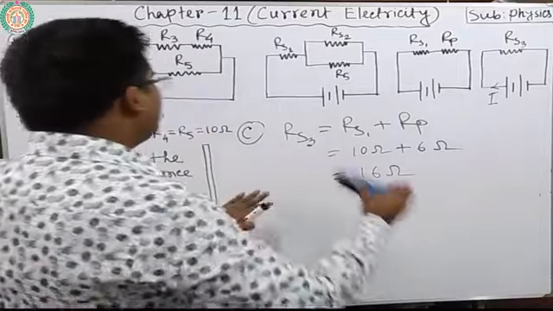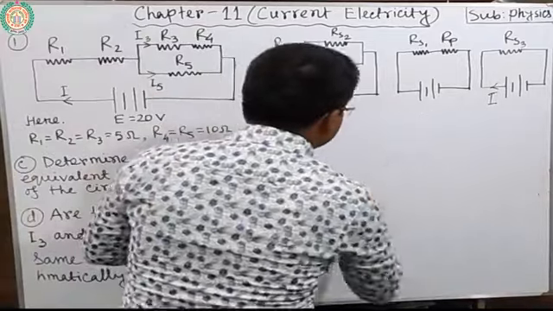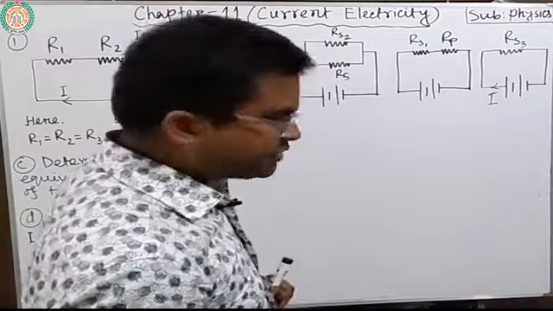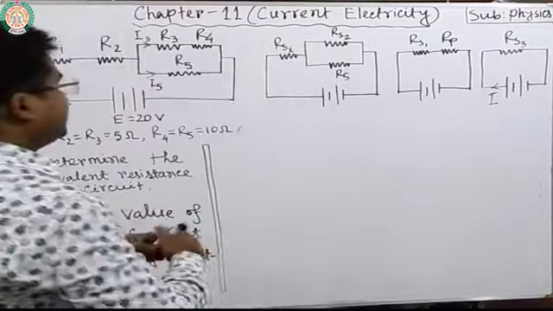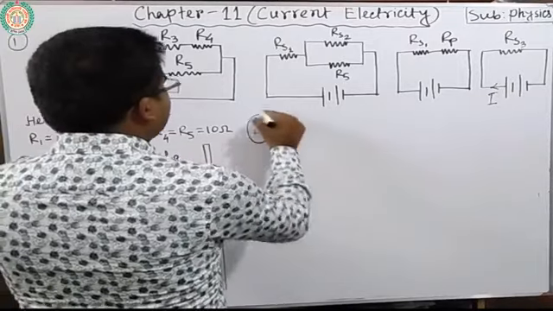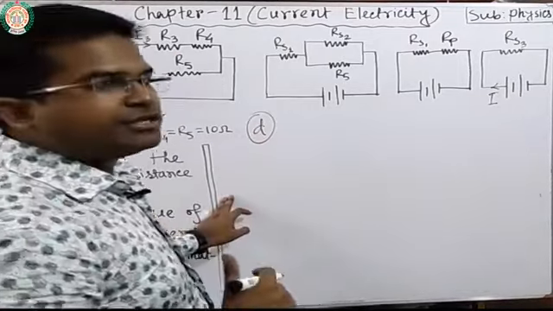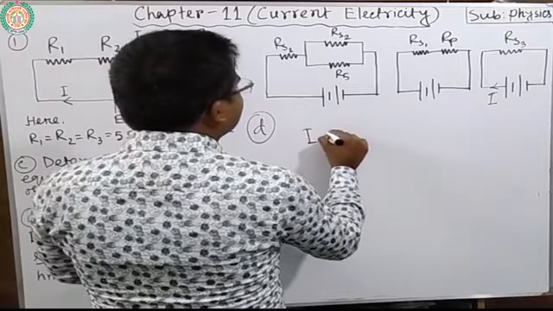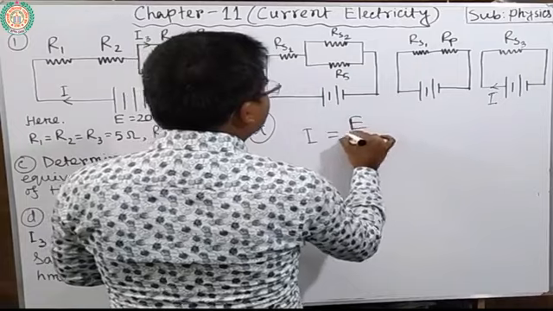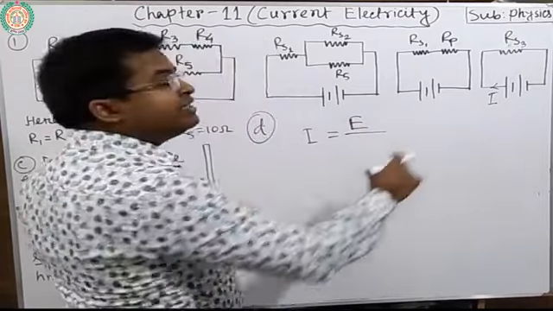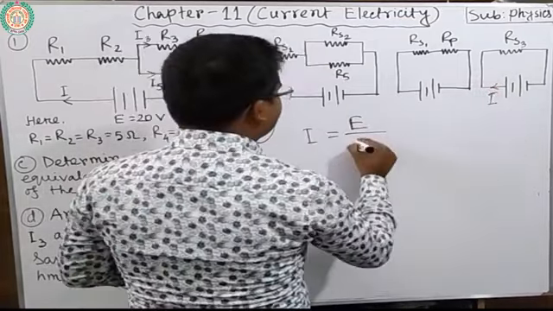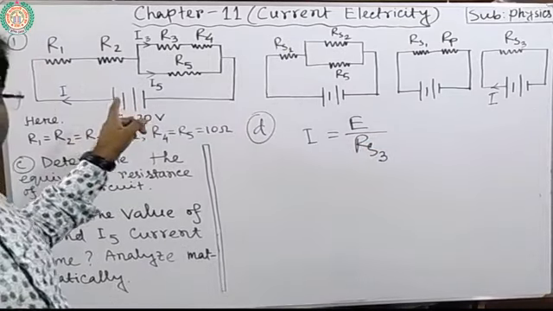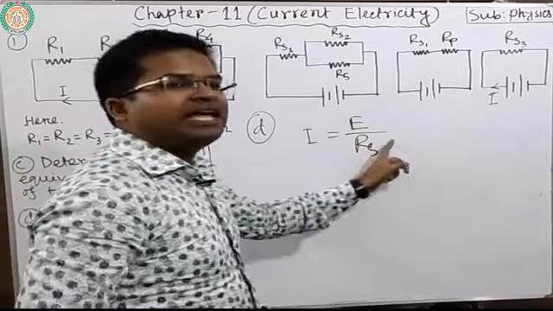So dear students, what will be the main current of this circuit? And you will remember this, the equivalent resistance of this circuit is RS3, which is 16 ohm. So in solution number D, you have to determine the main current of this circuit. You know that I is equal to E divided by R. In this case, R will be RS3. If internal resistance is present here, then you can write RS3 plus small r.